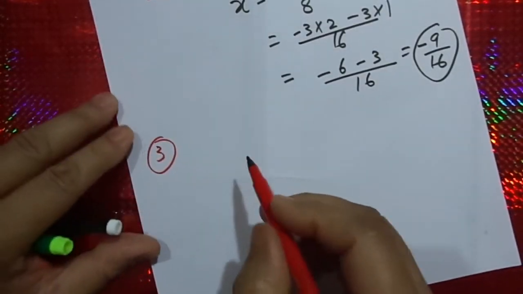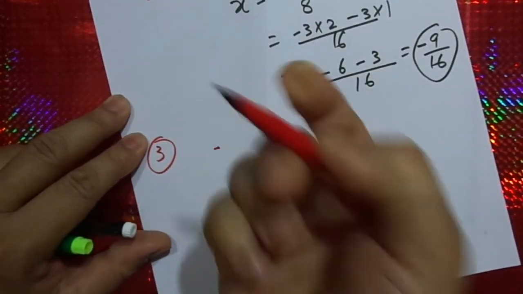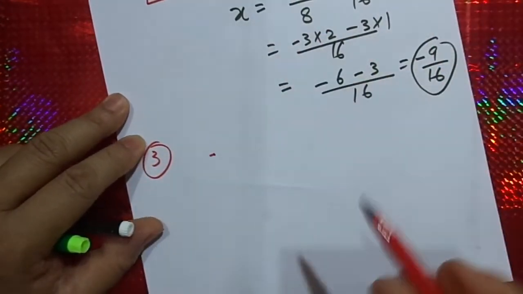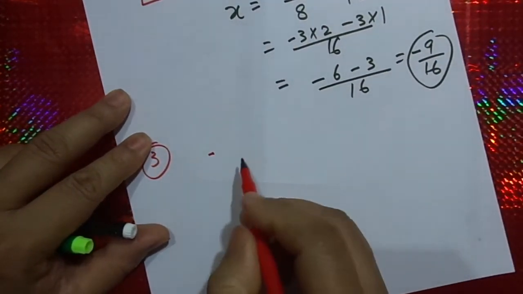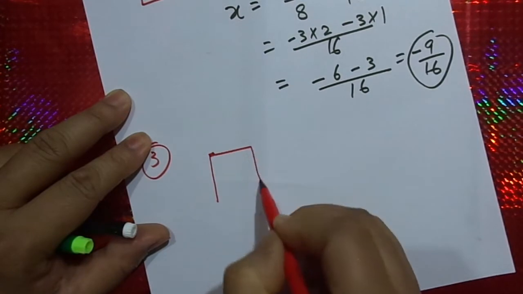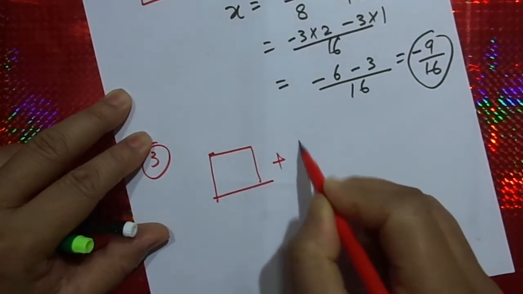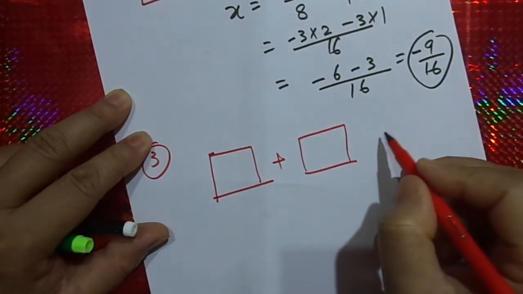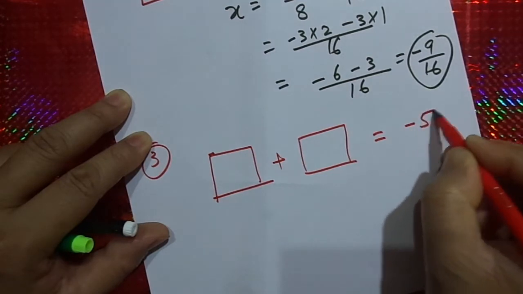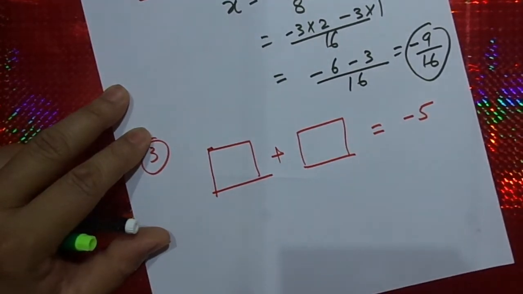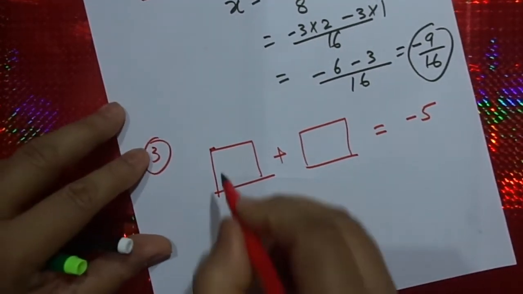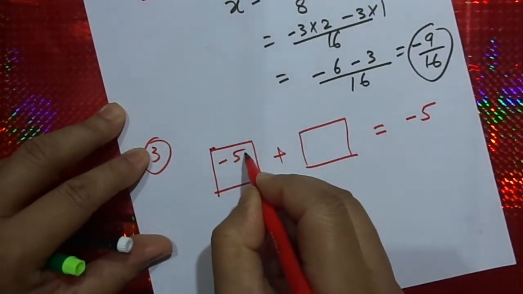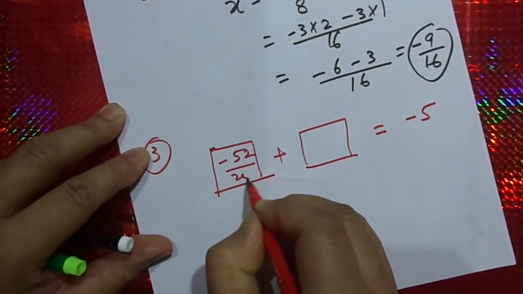In number 3 we have the same. We are talking about the sum of two rational numbers. They are saying that the sum of two rational numbers is equal to minus 5. And they are very clever. They have given one of them, minus 52 by 25.